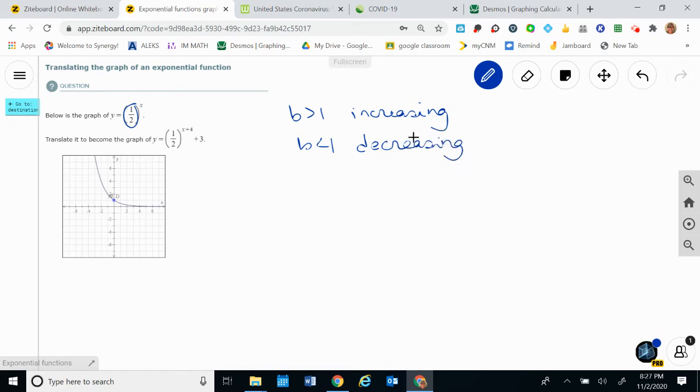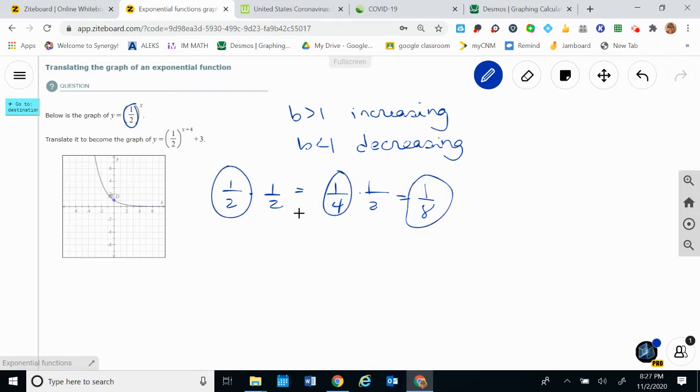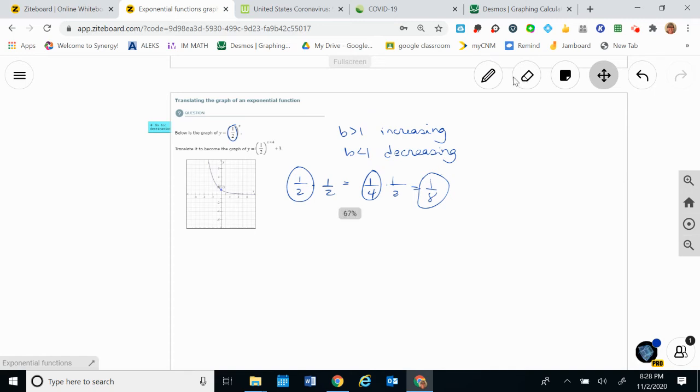Okay, because basically, if you think about fractions, if you multiply a fraction by a fraction, you get a smaller fraction if it's less than 1, right? If you take 1/2 of 1/2, that's actually equal to 1/4, and we just got smaller. And if you take 1/2 of 1/4, you get 1/8, and that's even smaller than 1/4. You see it? So we are getting progressively exponentially smaller.